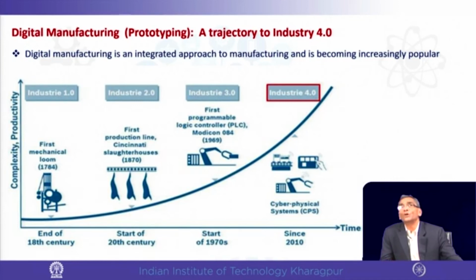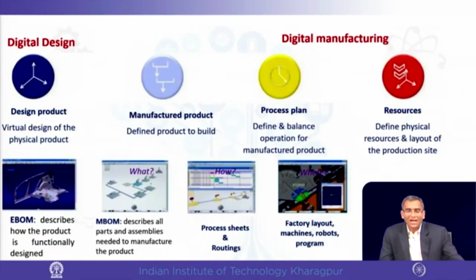Now we are in 4.0, where digital manufacturing and prototyping are touching that trajectory. That is the integrated approach to manufacturing, and it is gaining increasing popularity. So there are 2 aspects, I said: digital design and digital manufacturing.